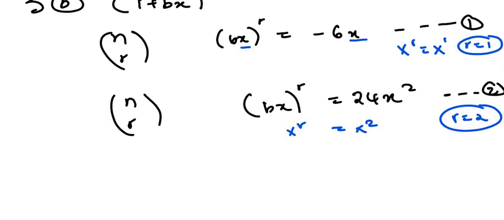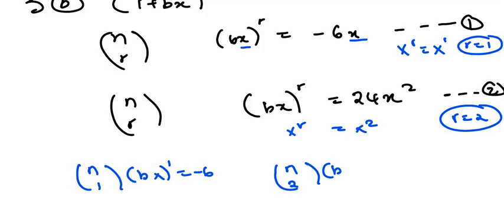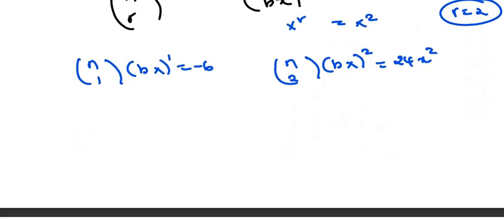That's going to be n choose 1, then I'm having bx to the power 1 is equal to negative 6x. And this side I'm having n choose 2, bx to the power 2 is equal to 24x squared. We'll solve these guys together.